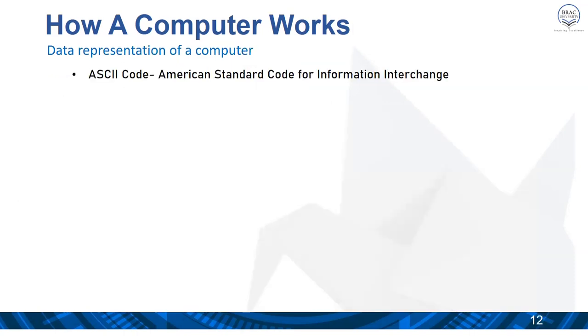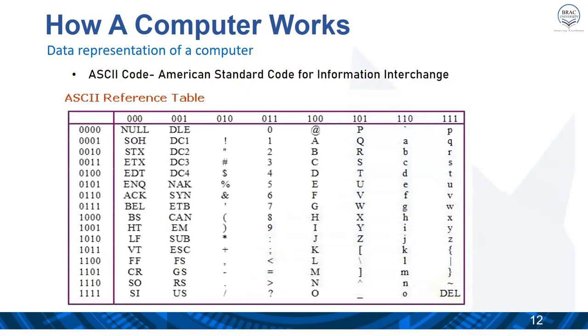From our example, we have seen that the input device, that is the keyboard, converts the information, like the letters H and I of the message hi, into binary codes. But do you know how? What was the method or coding technique followed to do that? Actually, ASCII code has been applied for this conversion.